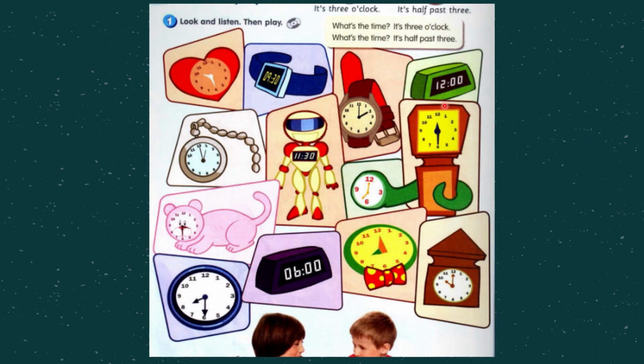It is 11:30. What time is it? It is 7 o'clock. What time is it? It is 12:30.